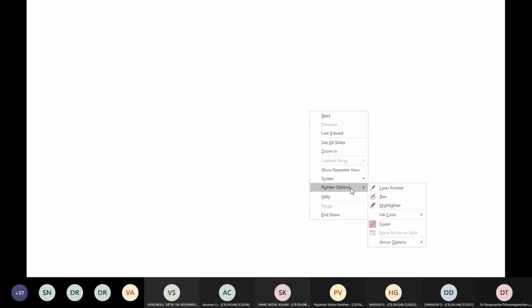Capacitors. What is a capacitor? Okay, so this is yet another passive element of a circuit.